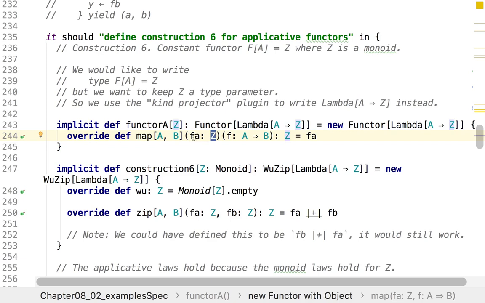So we just take this z and we need to return a z. Well, we return the same thing. We can't do much else reasonably. And we can't use f because we don't have any a's to apply f to, and also we don't have any other thing that would apply to f, or any function that would consume this type. We don't have any of that. So there's no way where we could use f in the code of map. So we are losing information, but that's okay. So we're losing this f, but that's fine.